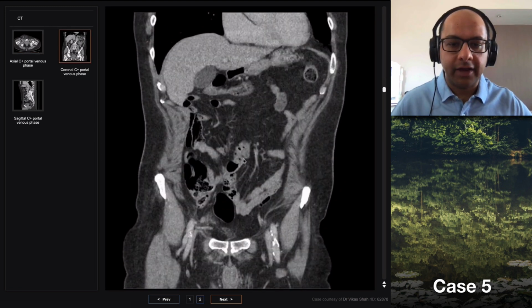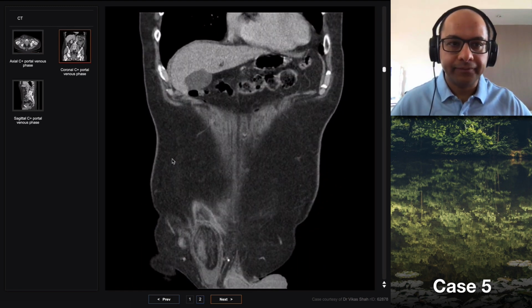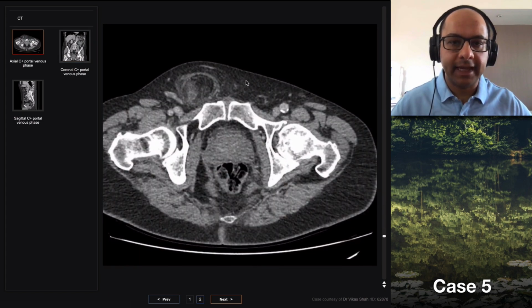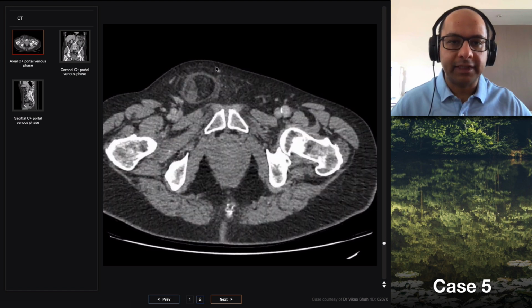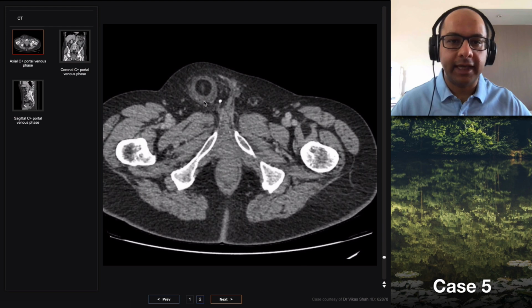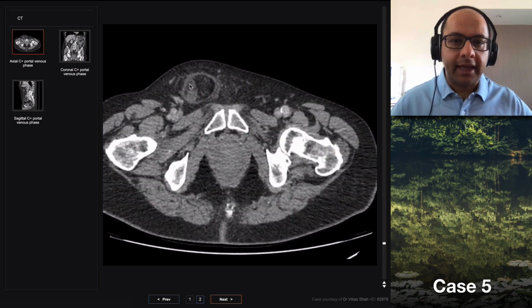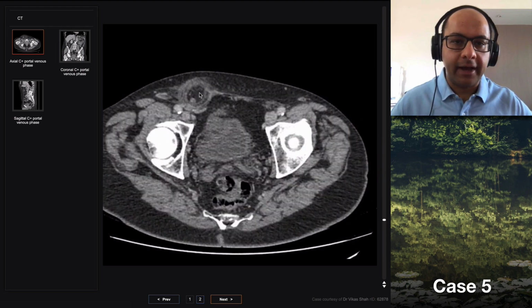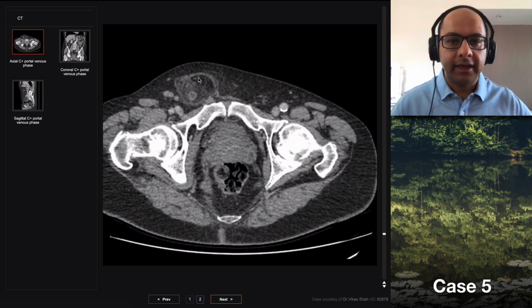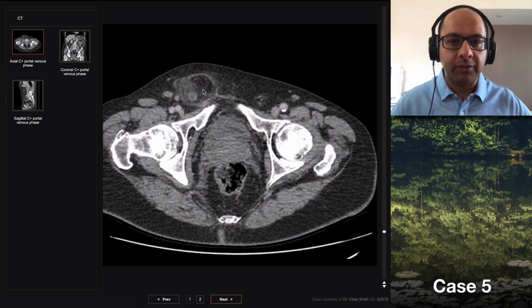Okay, so yeah, I think on this case what we see is that there's definitely abnormality in the right groin. So there's a bump in the skin contour, this swelling that we see, and that's because of increased volume of tissue within the right inguinal canal here. So there's a lot of fat here, and that fat's got an increased density. It's inflamed, and there's also a small volume of free fluid here.